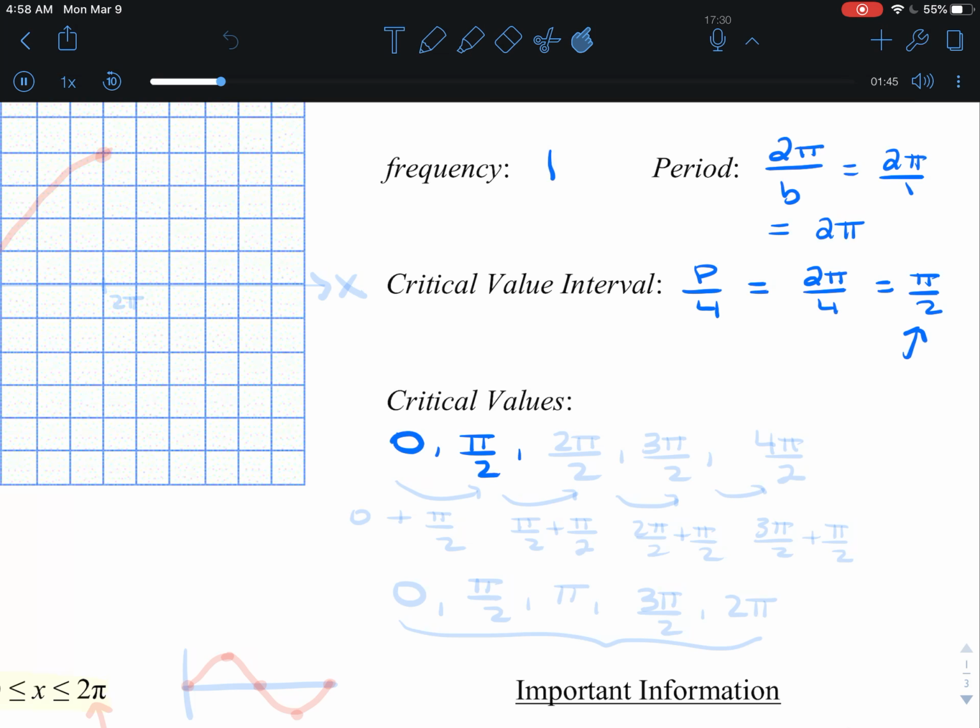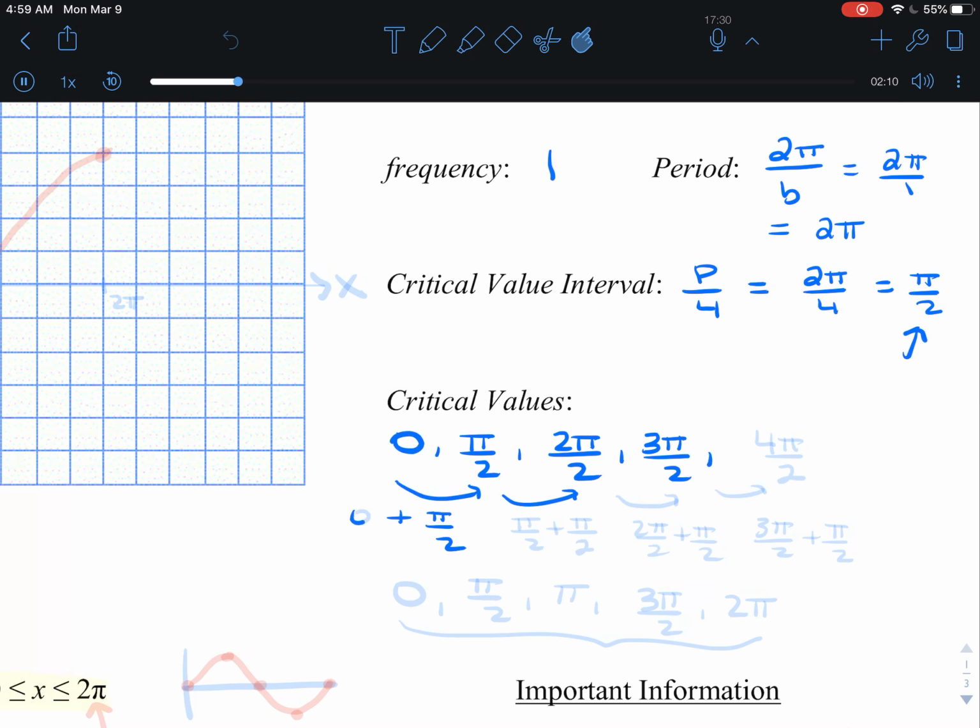So think about adding pi over 2 plus pi over 2 would be 2 pi over 2. Okay, and then if I added another critical value interval of pi over 2, I would have 3 pi over 2. And then if I added another pi over 2, again, let me just show you what I mean. So we're continuing to add pi over 2.